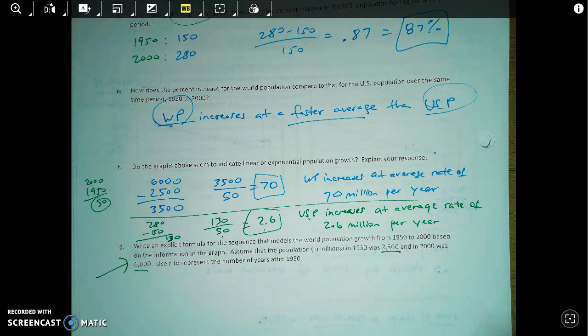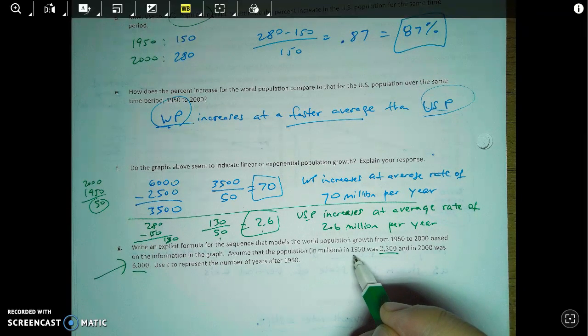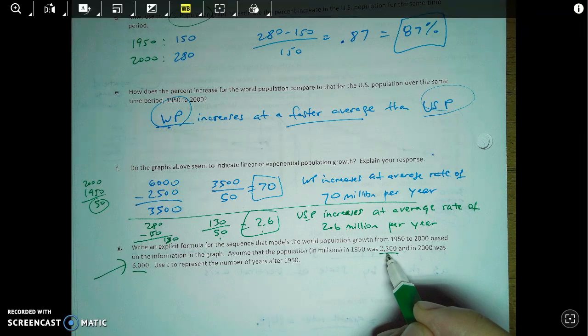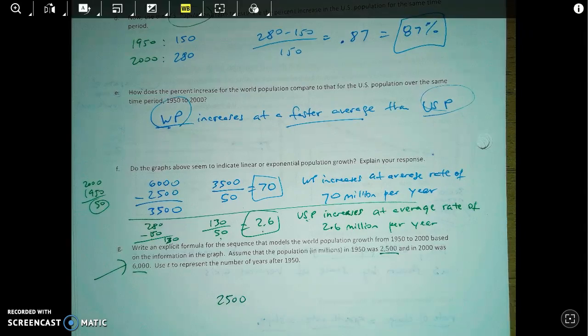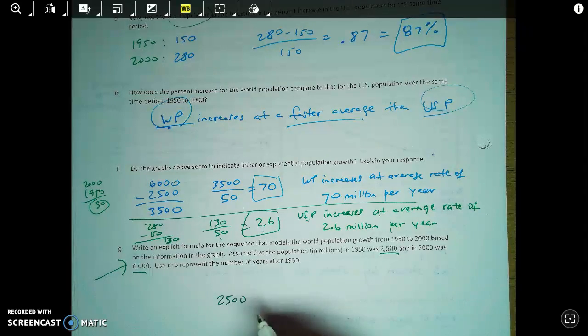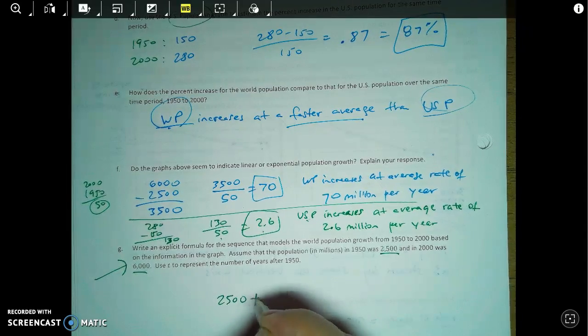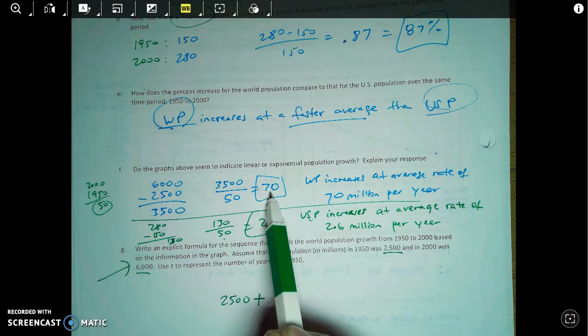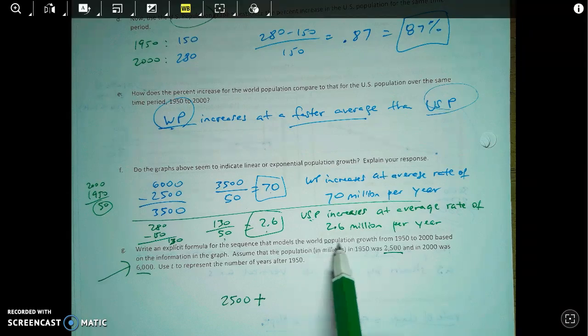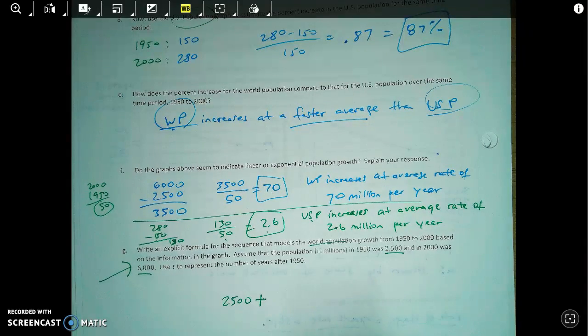So how do we find the formula that models the population? If I know that my initial population was 2,500, I start with 2,500, and I know I have to add something. I have to look at the growth rate, and I realized from the previous question that the growth rate for the world population was 70.